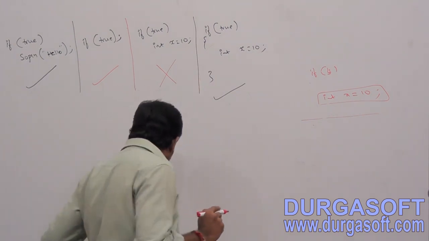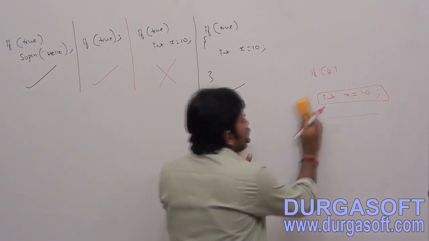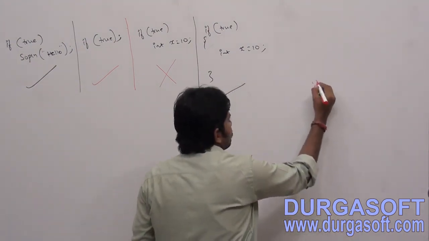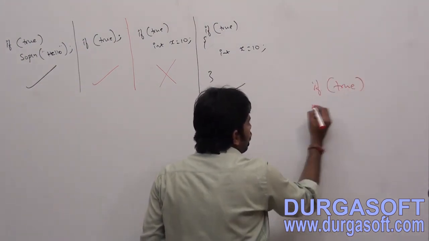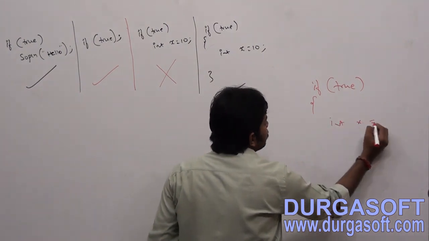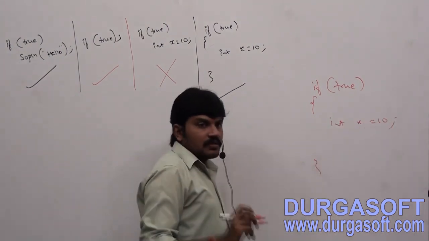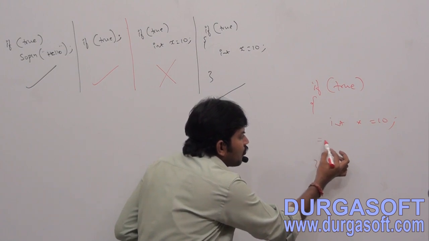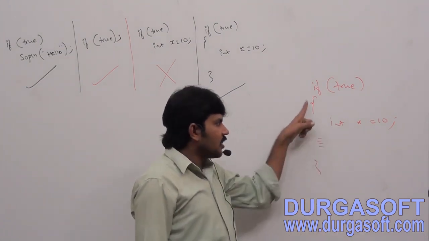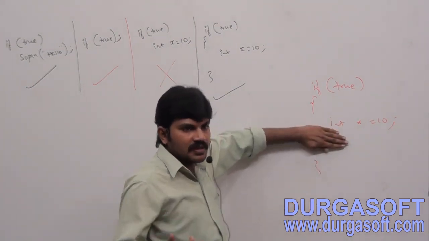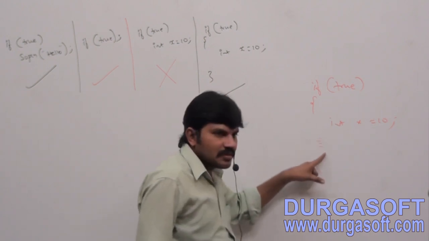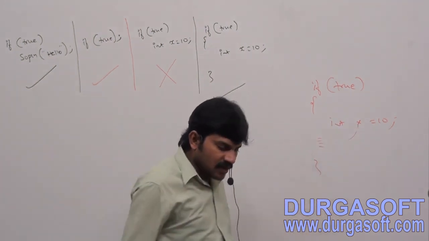How, sir? You may ask. Here see, if I take curly braces, if of true, then there may be a chance of thousands of lines within the curly braces. In these lines, is it possible to use this x or not?